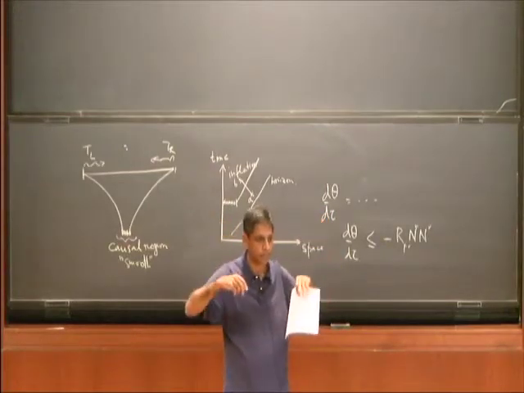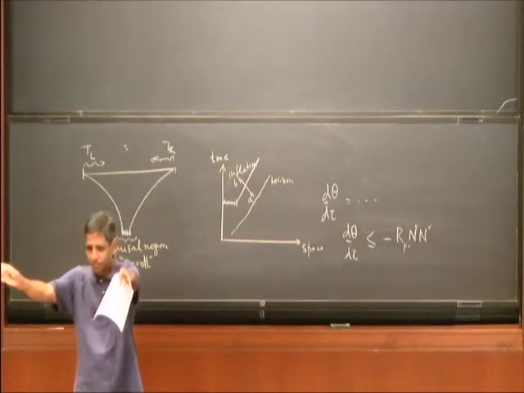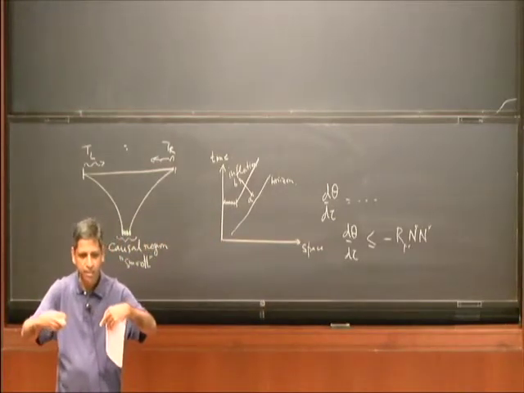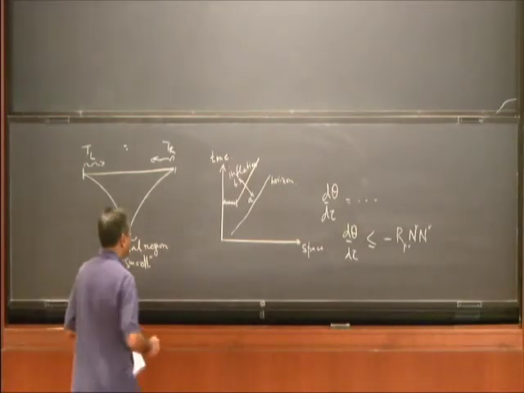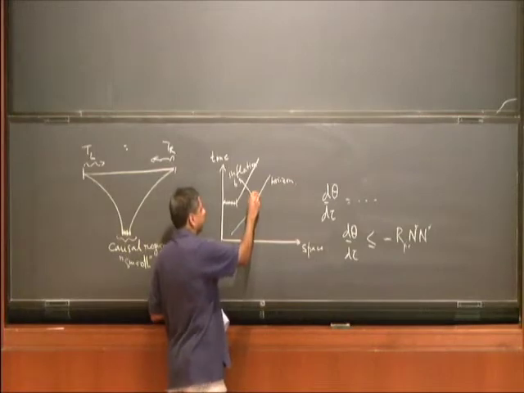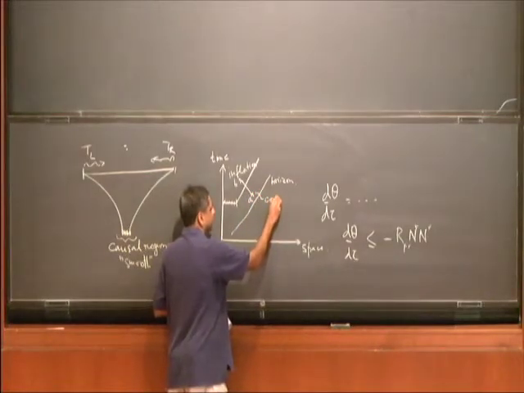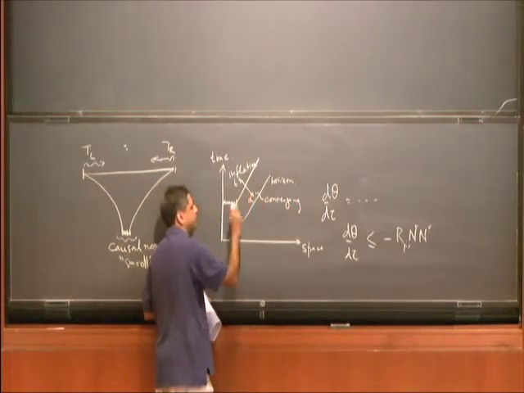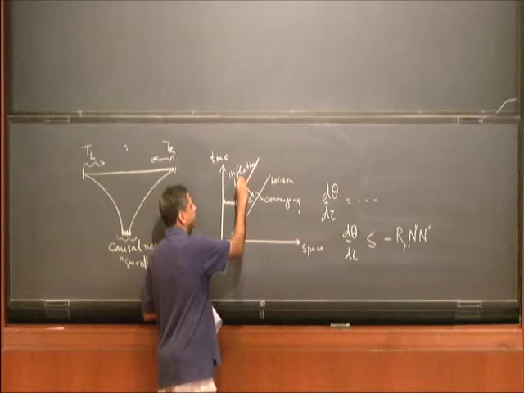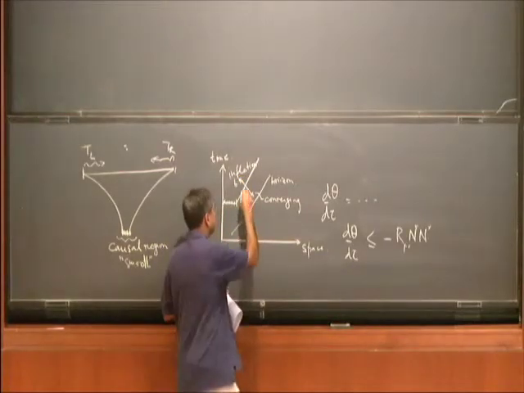So outside the horizon, if you send rays out, of course they're diverging. If you send rays in, they are still moving out, so they're diverging. However, this point A is inside the horizon, so this is converging, right? Because I'm sending rays in. But here, this is outside the horizon, the inflationary horizon, so this is diverging.